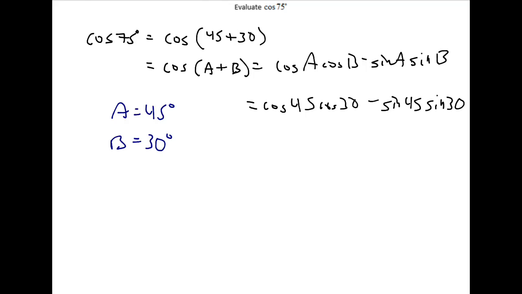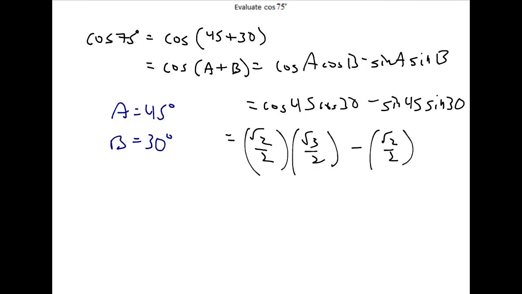These values we should know. The cosine of 45 is radical 2 over 2. Cosine of 30 is radical 3 over 2. Sine of 45 is radical 2 over 2. And the sine of 30 is 1/2.